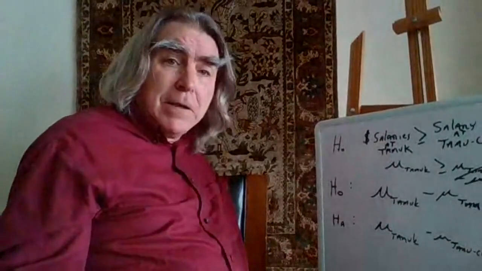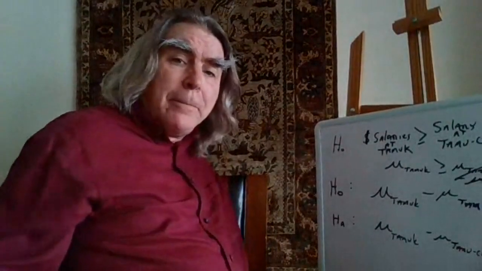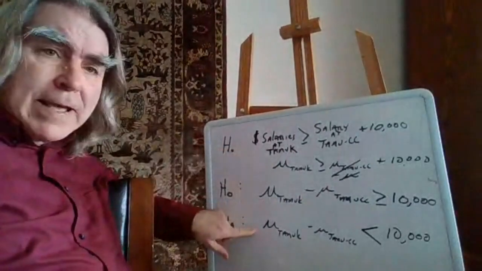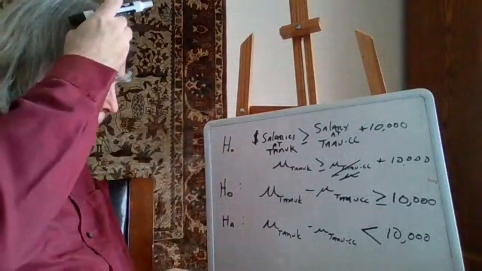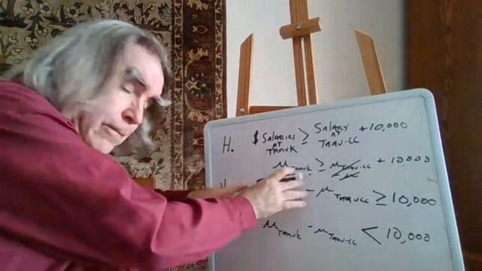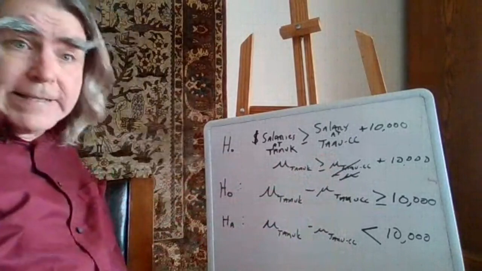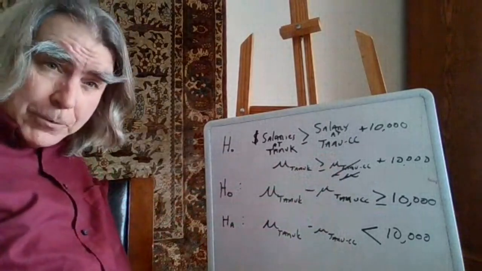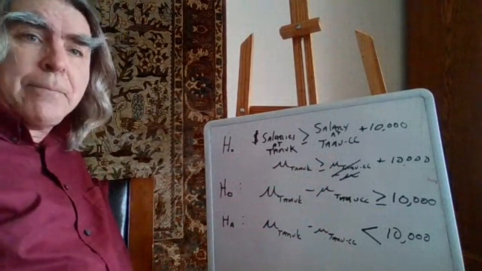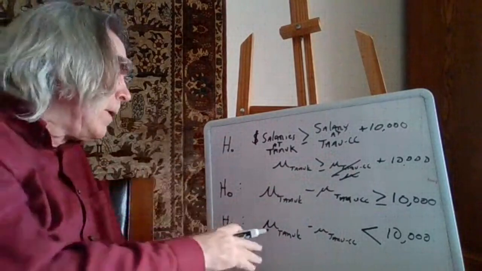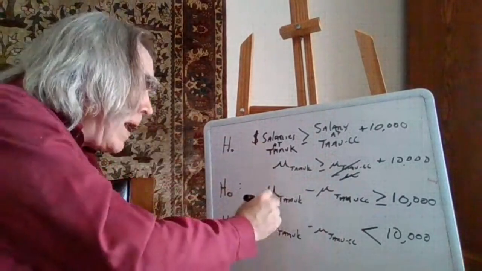Now, in order to test this hypothesis, what are we going to need to do? Let us go and collect a sample. Let's collect a sample from Texas A&M Kingsville, and we will have to take a sample of faculty members at Texas A&M Corpus Christi, right? So let's assume we do that.